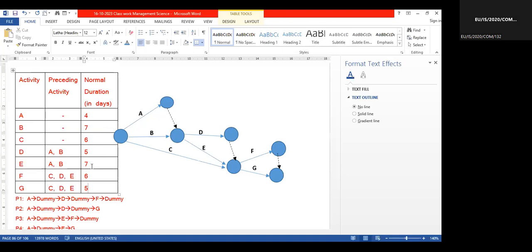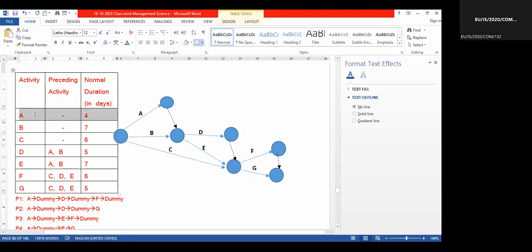Normal time means in the normal circumstance how many days it will take. That is a duration. Duration may be in weeks, months, hours. Various units examiners may use to test you, but in this example, normal duration is in days. So to complete activity A, the required number of days is 4.